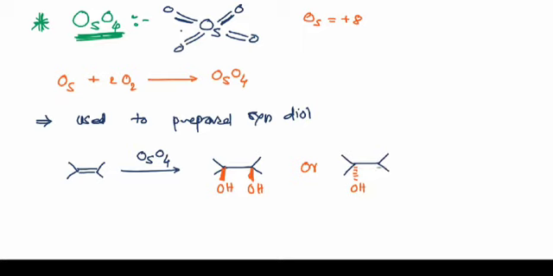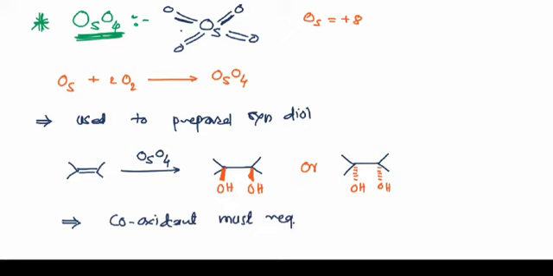Now you can make these two types of diol here. The important thing is that this reagent is very costly, and that's why a co-oxidant is needed, because the byproduct should be further oxidized back to OsO4.